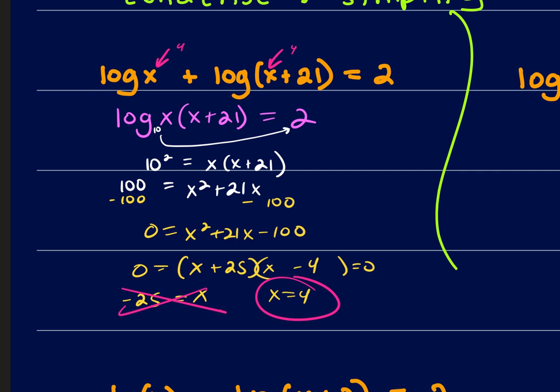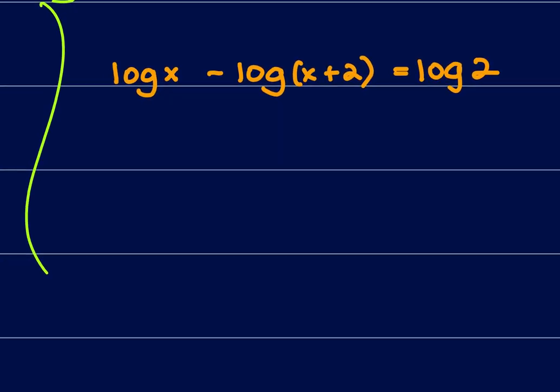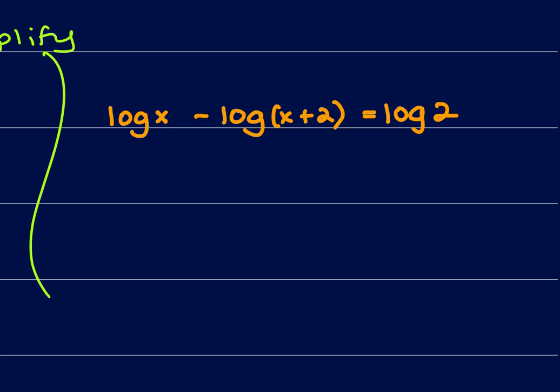All right, this time when I condense, what's going to happen? Divide. So x over x plus 2 equals log of 2. If there was just one log, like if only the left side had the log, I'd convert it to exponential, but it's not. They're both there, so I ignore the logs.